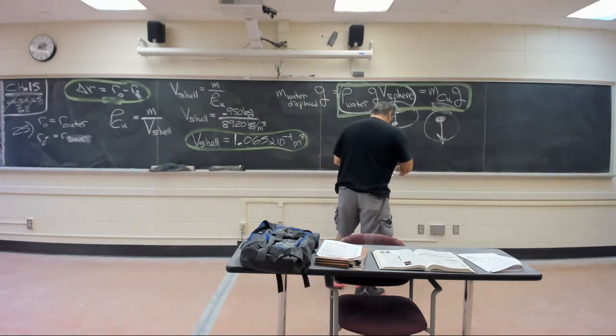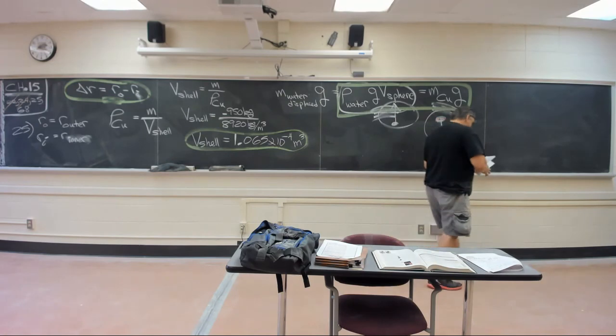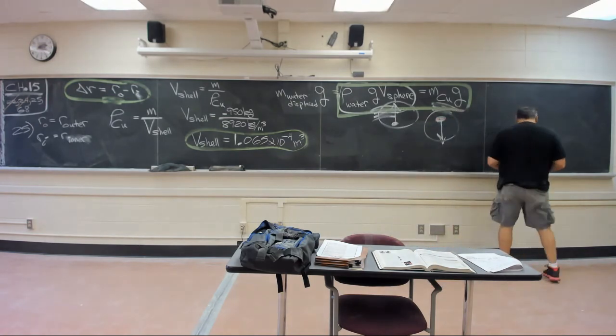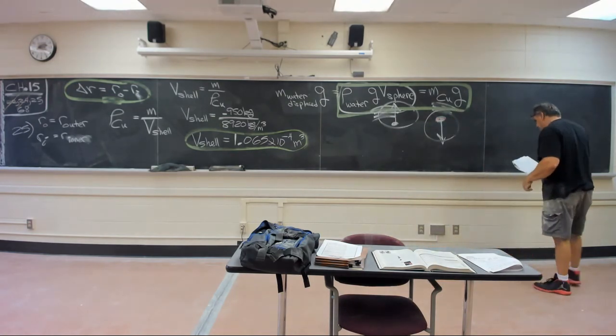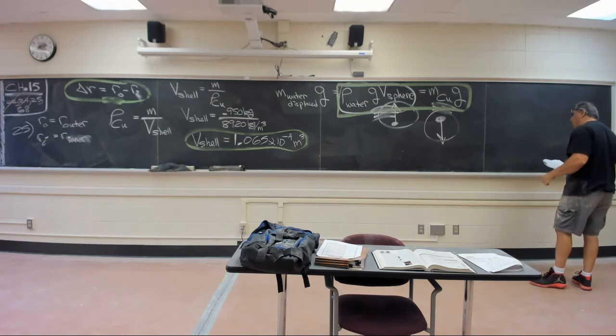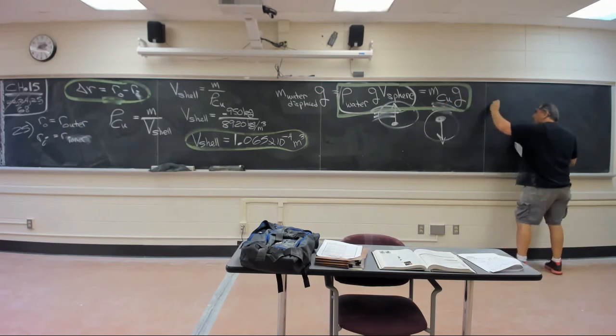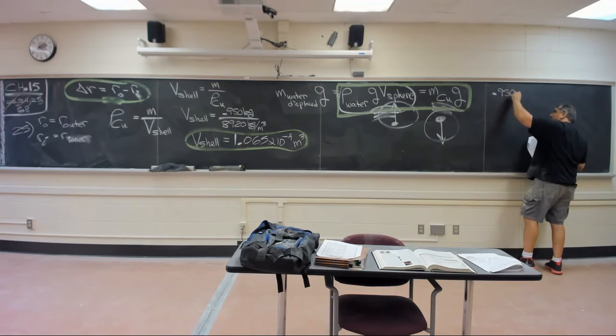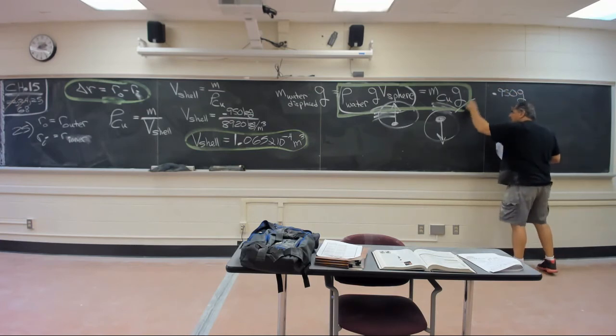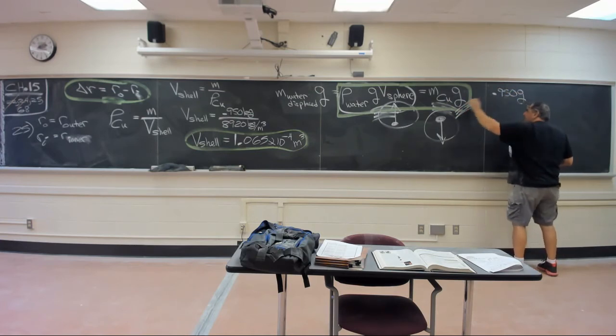All right, well, okay, we said what we said. Is there a way to do this? Well, we are told that the mass of copper is 0.950 kilograms, so we have 0.950 kilograms times G. That's what this is.